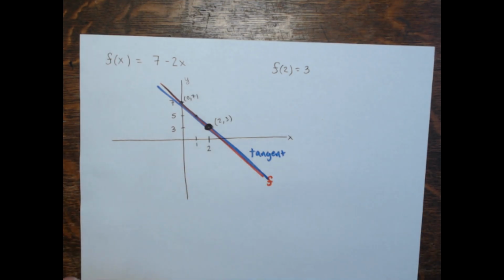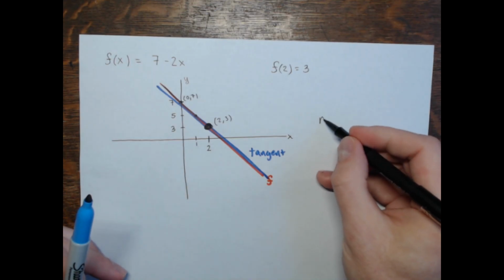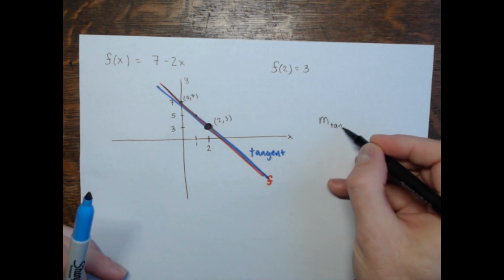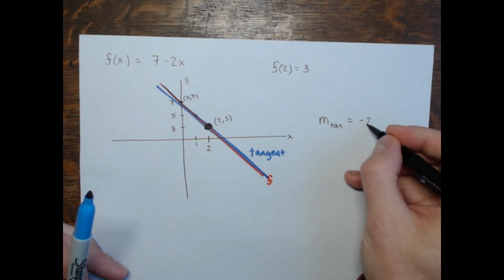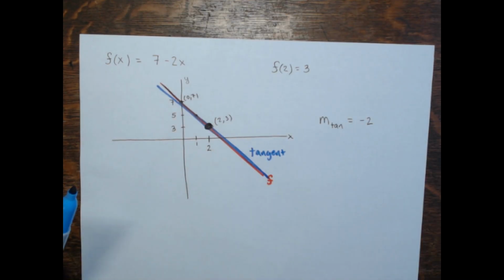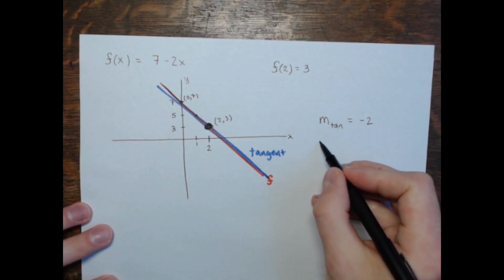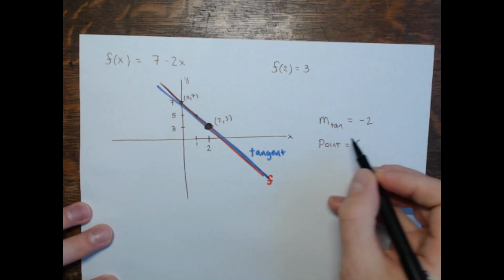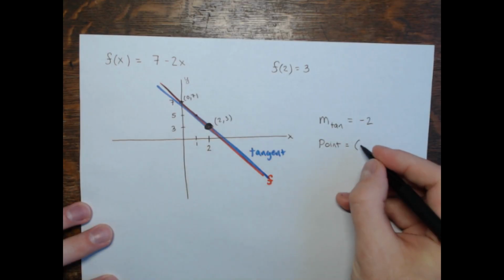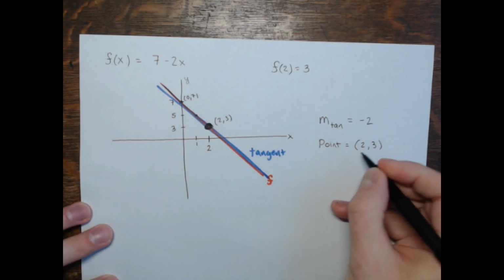So the slope of the tangent line is also negative 2, just like the slope of the line. The tangent line is the line. So I've got a slope, and then we've got a point, right? The point that we're at is the point (2, 3).